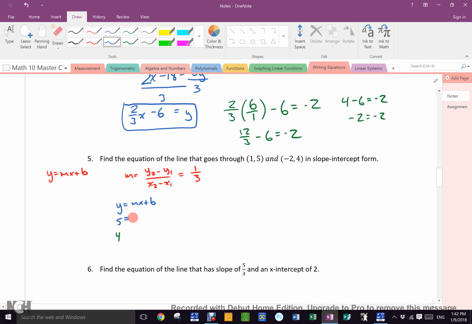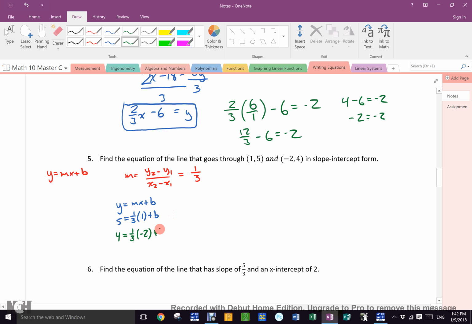What can I put for m? 1/3. What can I put for m in the green version? 1/3. What can I put for x in the blue version? 1. What can I put for x in the green version? Negative 2. And then I don't know b, do I? In either version. But can I find it?